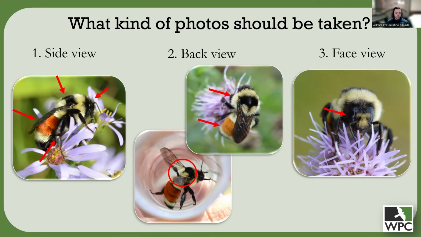Some might be longer, some might be shorter, and by incorporating a face view, we can be more confident in our species IDs, especially if there are species that have similar color traits but might differ in structure of the face. So again, a side view, a back view, and a face view are the three different photographs that we want to try and get when we're thinking about uploading photographs to BumbleBeeWatch.